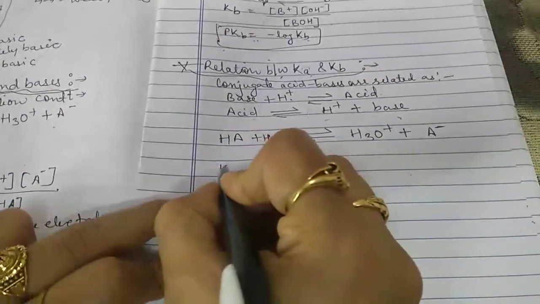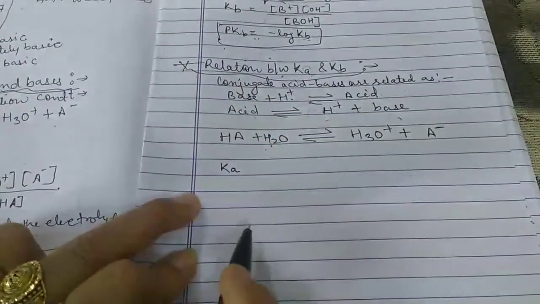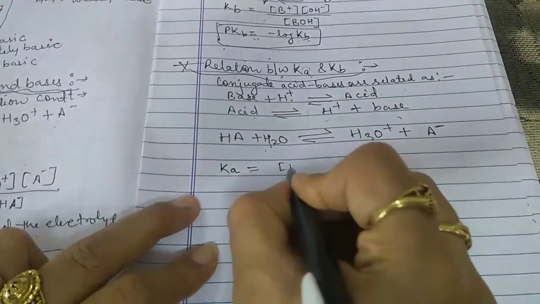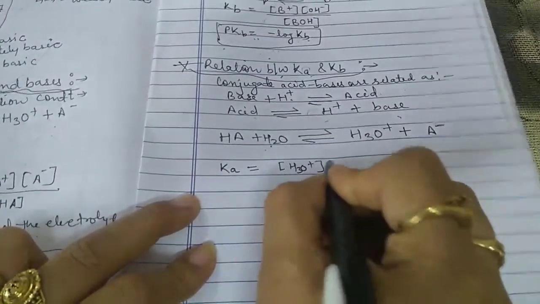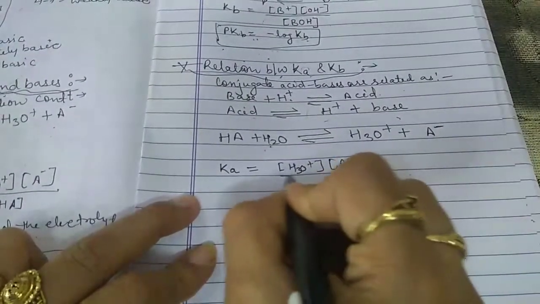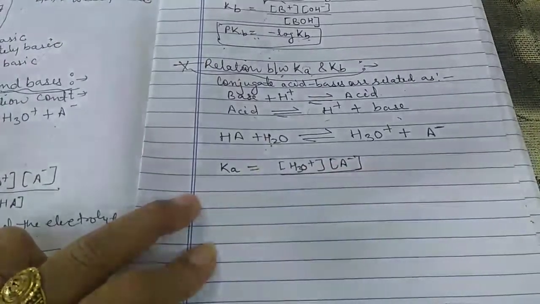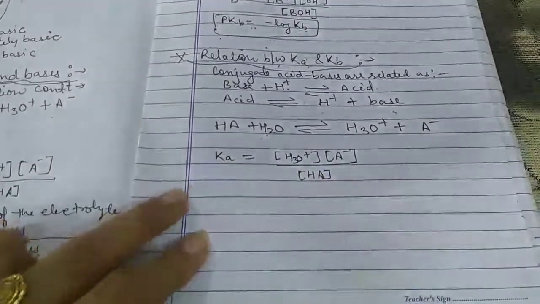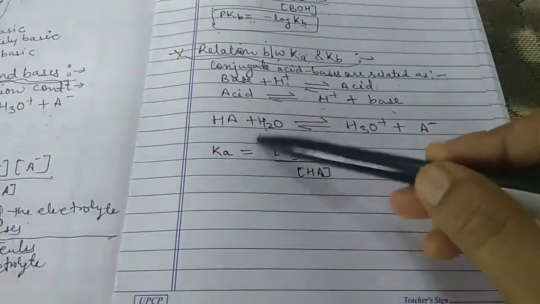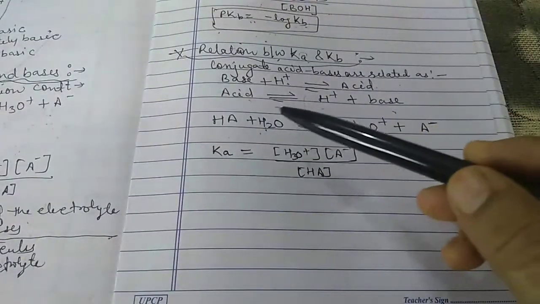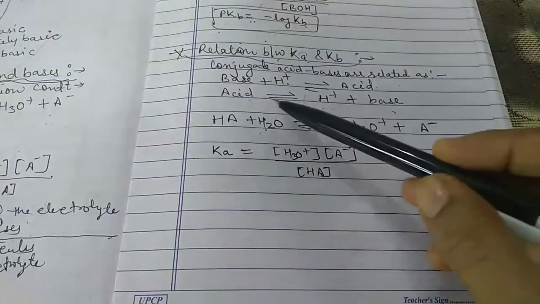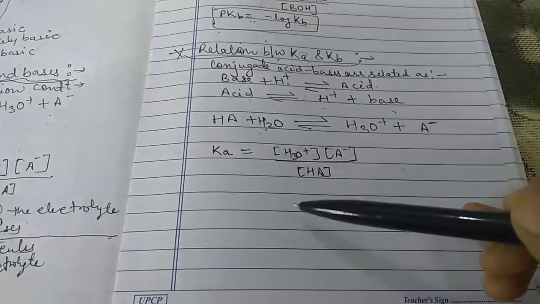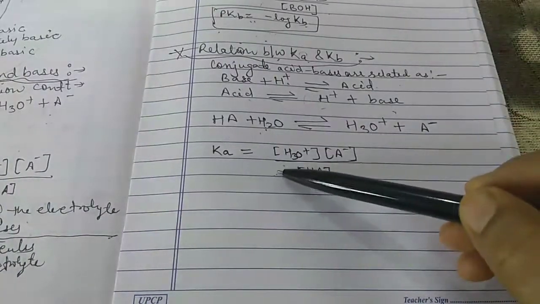If we want to find the value of Ka, it is H3O plus times A negative, divided by HA only. Now why have we not written H2O? Because we have studied earlier that the concentration of water always remains constant. That's why we are not representing H2O here.